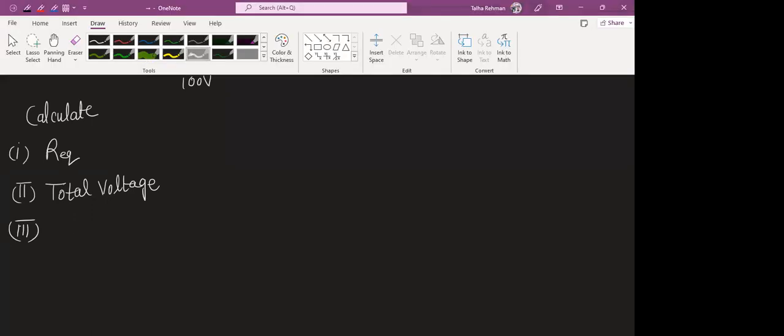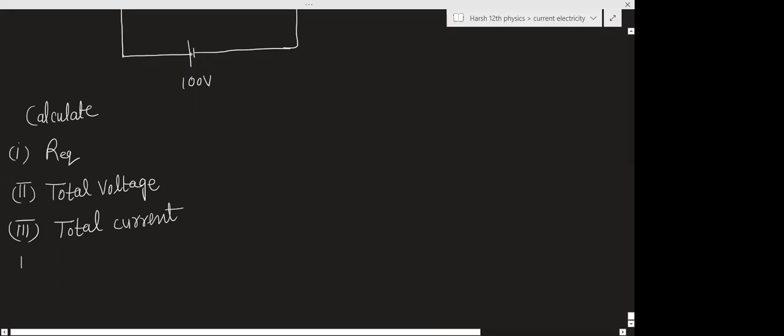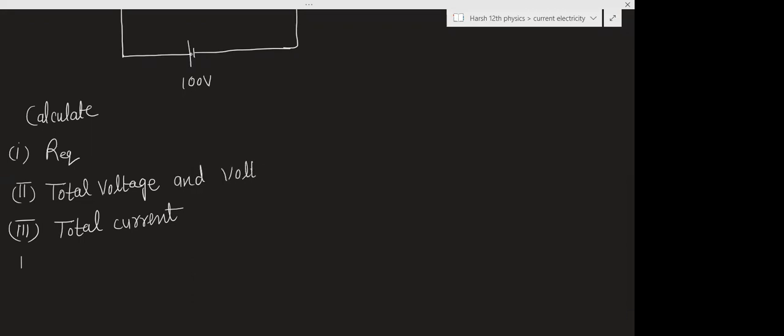So you have to calculate total voltage and voltage across each resistor, and total current and current through each resistor.